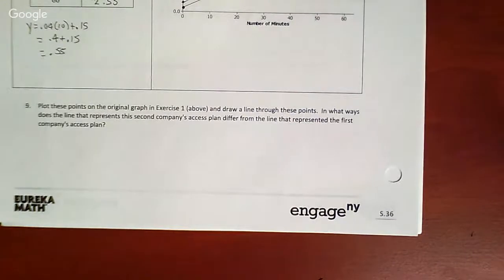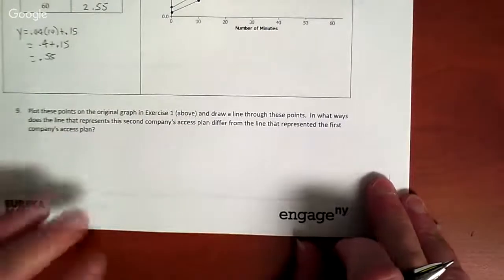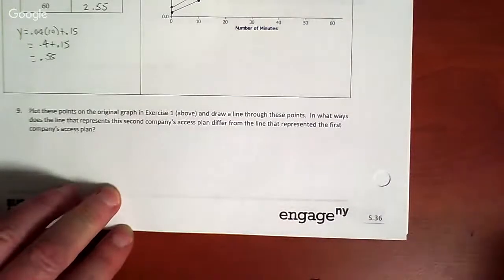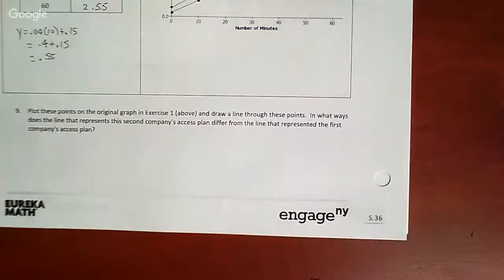And then it says, in what ways does the line that represents the second company's access plan differ from the line that represents the first company's access plan?